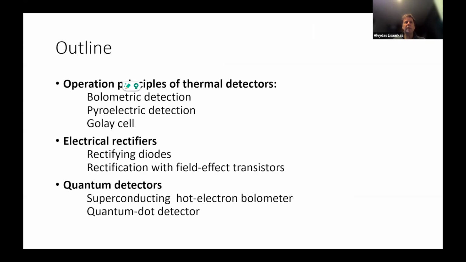The outline of this lecture is such that I would like to explain the operation principles of thermal detectors, with examples like bolometric, pyroelectric, and Golay cell. Then we'll go on to electrical rectifiers. I will try to give a clear explanation of rectifying diodes, and rectification using field-effect transistors, which is a very important field of my own research.